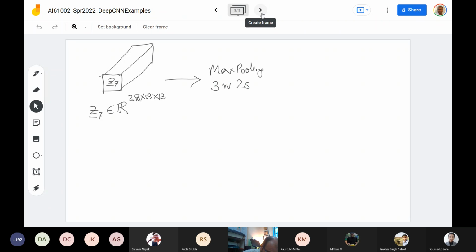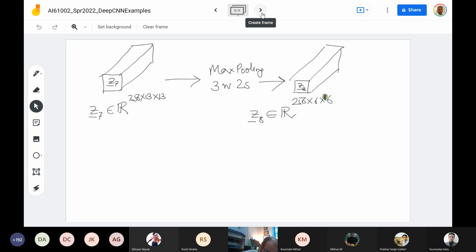Okay, so I end up getting another tensor over here. So what will be the size of this tensor, Z8? Z8 will be 256 cross 6 cross 6.